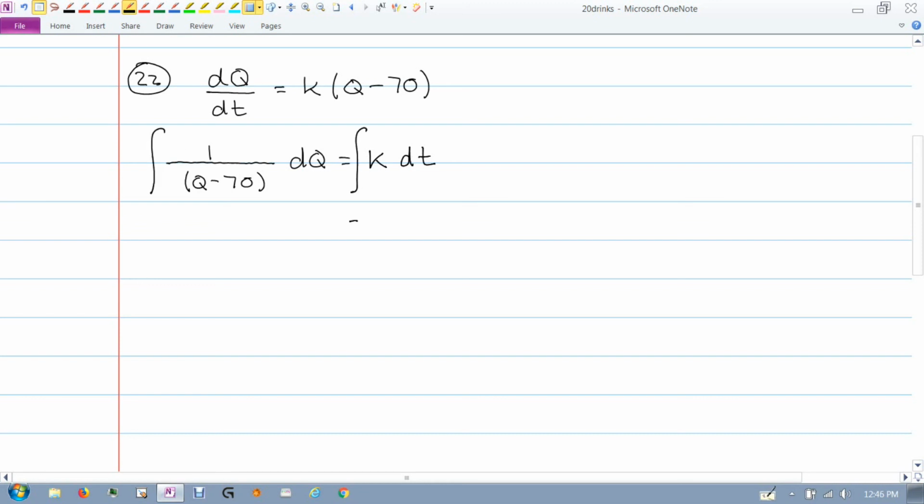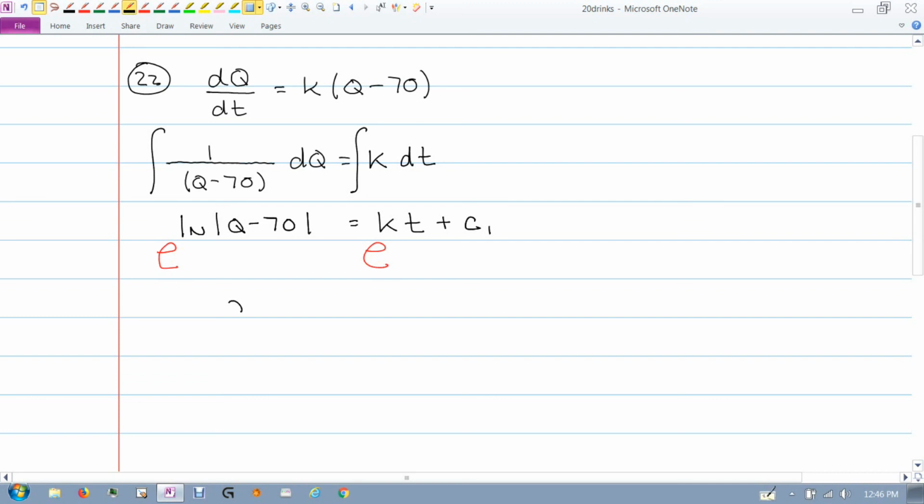So the right hand side is just going to be kt plus some constant. I better call that constant c1. And the left hand side is natural log of Q minus 70. And then I think we'll do e on both sides. We're good at this point, but let's do e here.